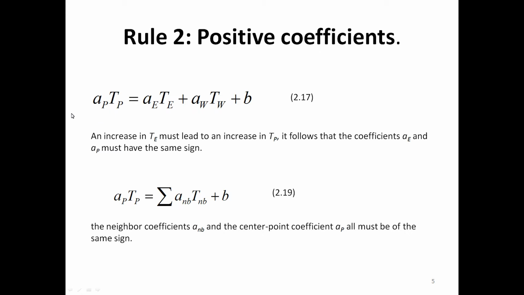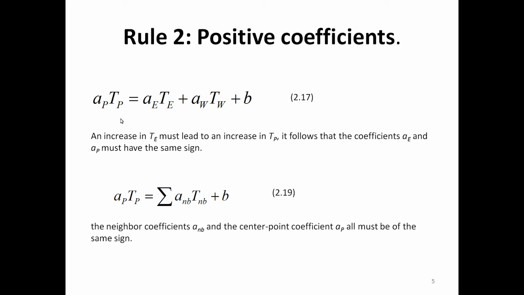Then it follows that an increase in the value at one grid point should, with the other conditions remaining unchanged, lead to an increase and not a decrease in the value at the neighboring grid point.